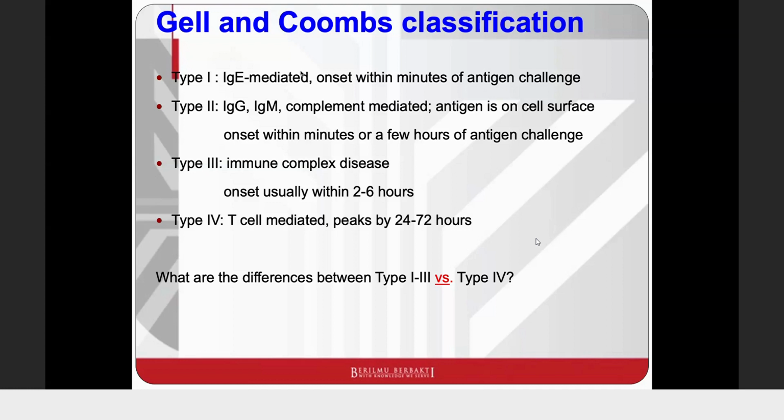The difference between type 2 and type 3, if you see here, is that both involve IgG and IgM, but in type 2 the antigen is on the cell surface, versus type 3, where the antigen is a soluble antigen. And then type 4 is actually T cell mediated.